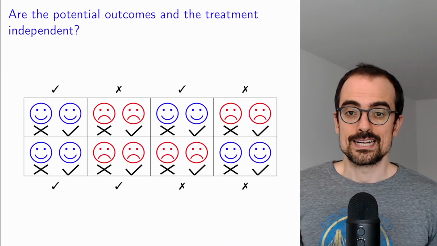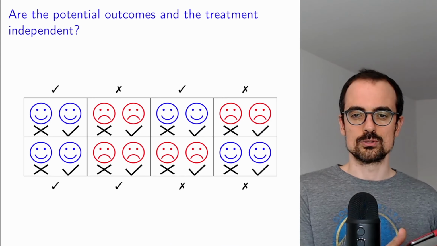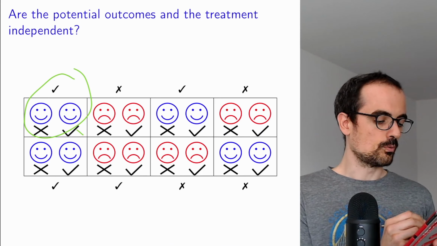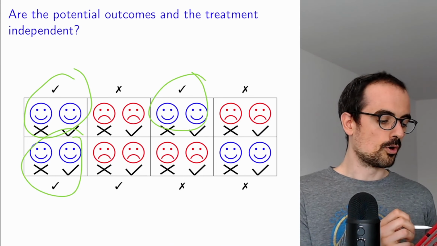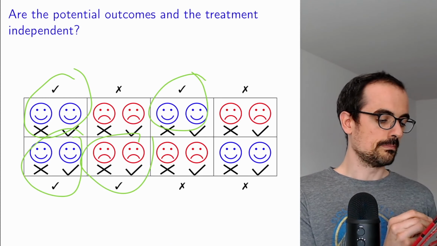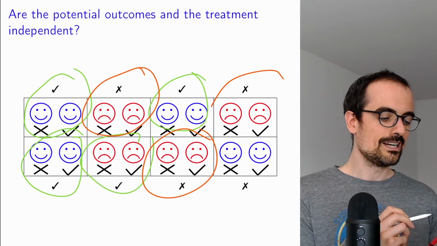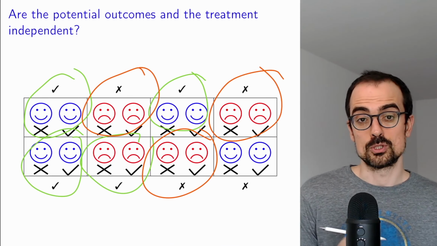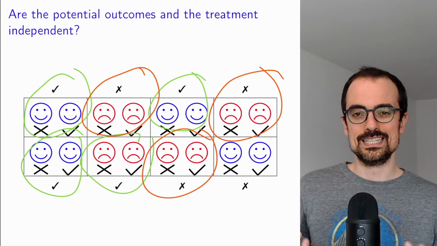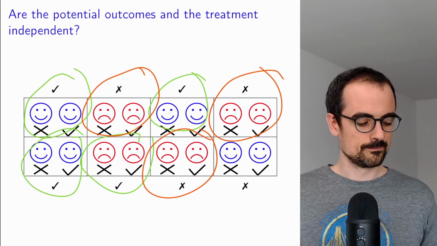So in our example, as we already talked about a little bit before, when we look at the people that were treated, they were clearly more healthy in general than the people that were not treated. So clearly here, the treatment and the potential outcomes are very dependent. And that's why we didn't observe the true causal effect.